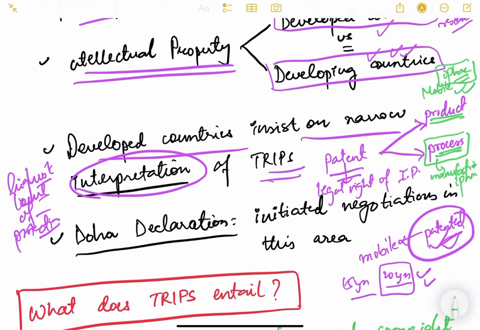Now see, what is the difference between these two, product and process? For example, in the USA, the iPhone is manufactured using a manufacturing process. For example, the manufacturing process is A, then B, then C, then D. Using this manufacturing process, iPhones are manufactured in the USA. Now, if there is product patenting in the USA, iPhones are patented, the iPhone is the intellectual property.